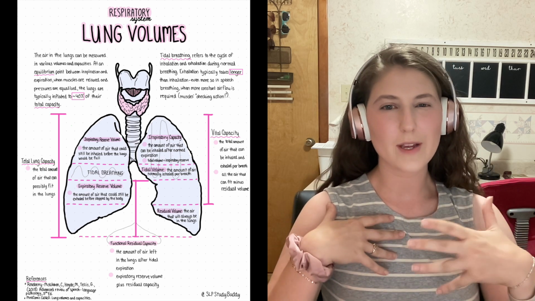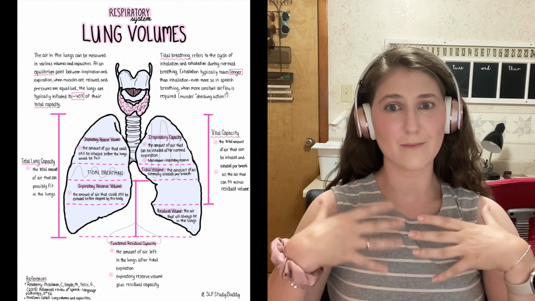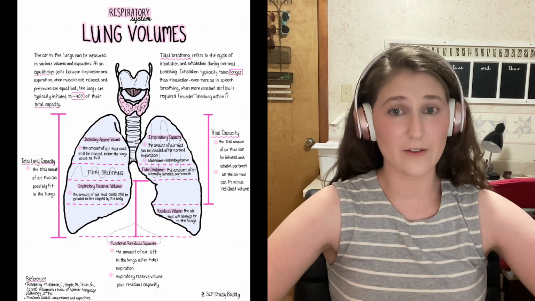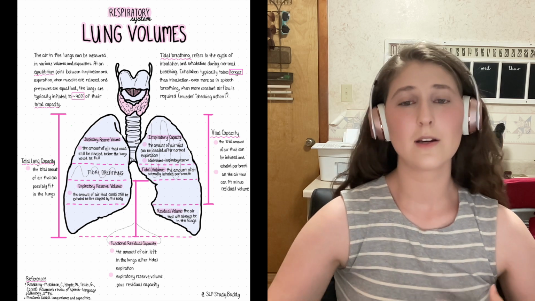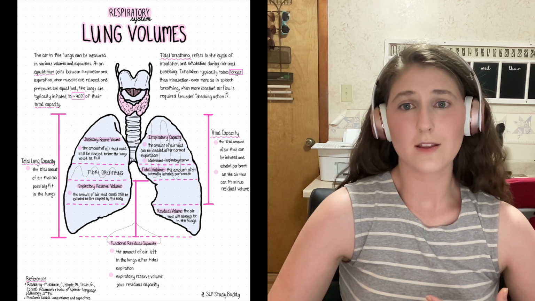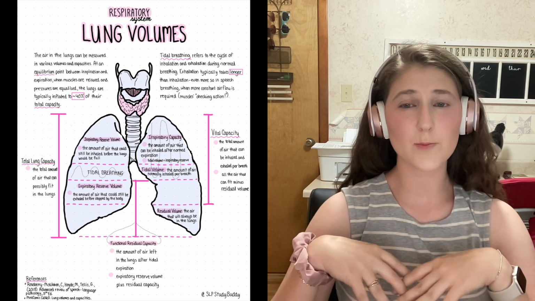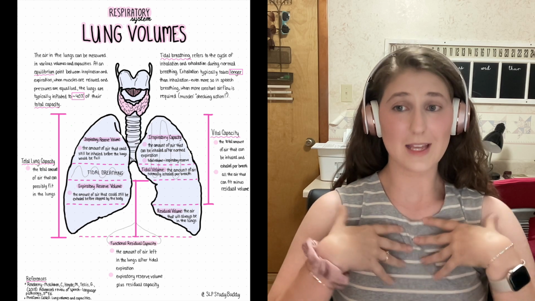But then when we breathe, typically we're not really filling our lungs that much. We're not filling them all the way up and then exhaling everything out. There's still more that we could inhale and exhale. So when we breathe in normally, there's all of this room that could still be filled up. This is called the inspiratory reserve volume, which you can hit if you breathe in super hard.